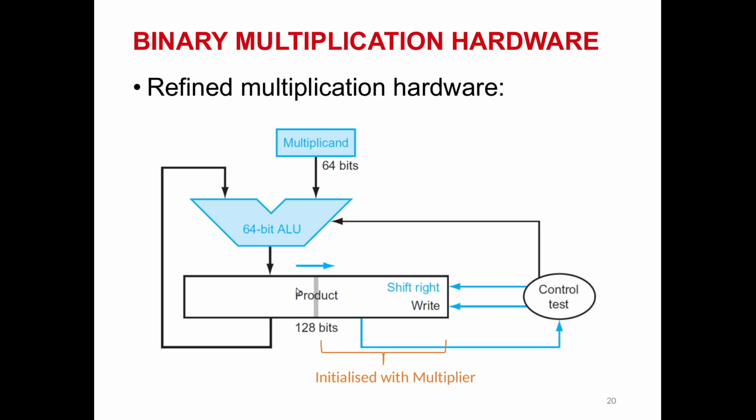As I told before, our product register here will be divided into 2 parts. The left side is used as the initial for the product, while the right hand side will be used for the multiplier. And so this half will be used as the product added together with the multiplicand, and then it will shift to the right.